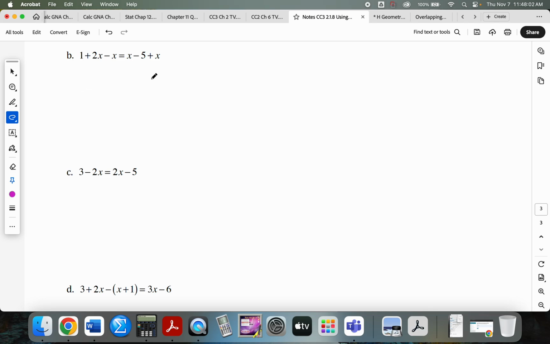For this one, can I simplify either side? Yeah. Fact is, we can simplify both sides. Over here, I'm going to have 1 plus x. And over here, I'm going to have 2x minus 5.